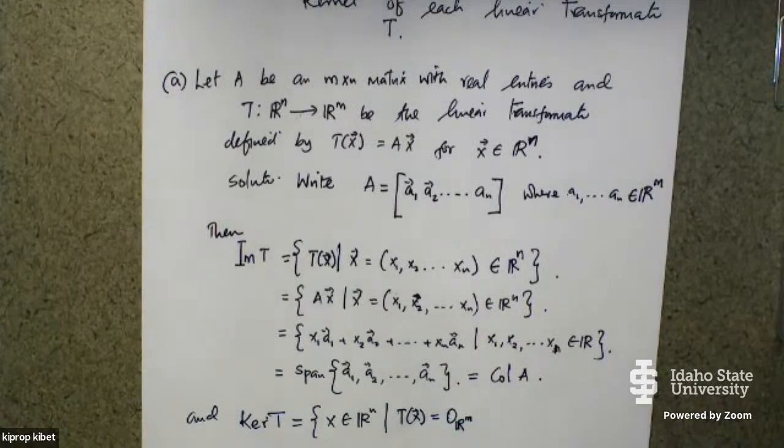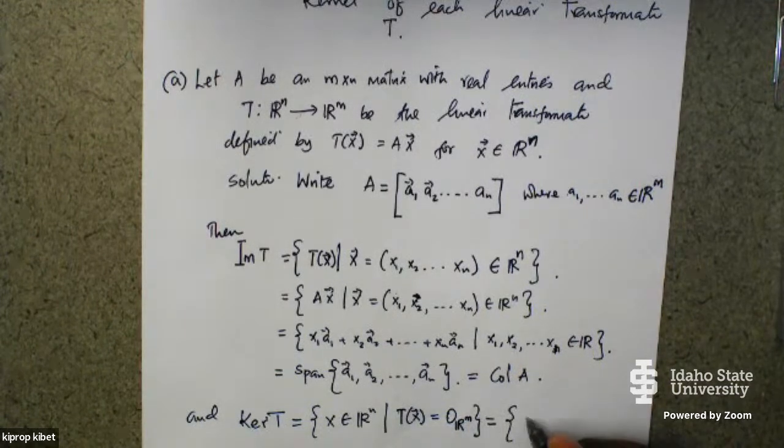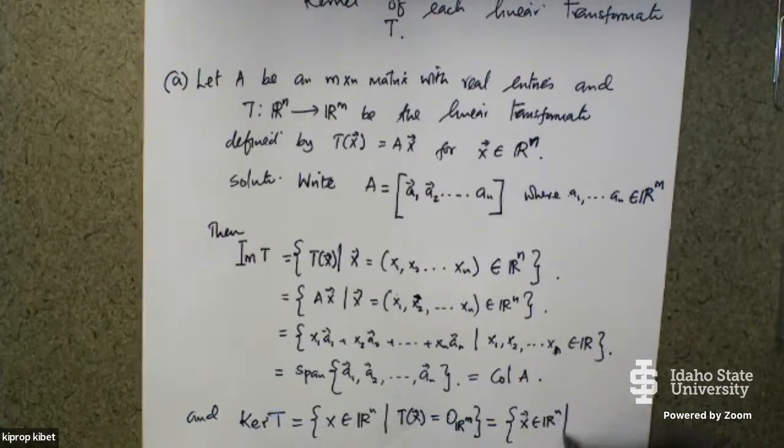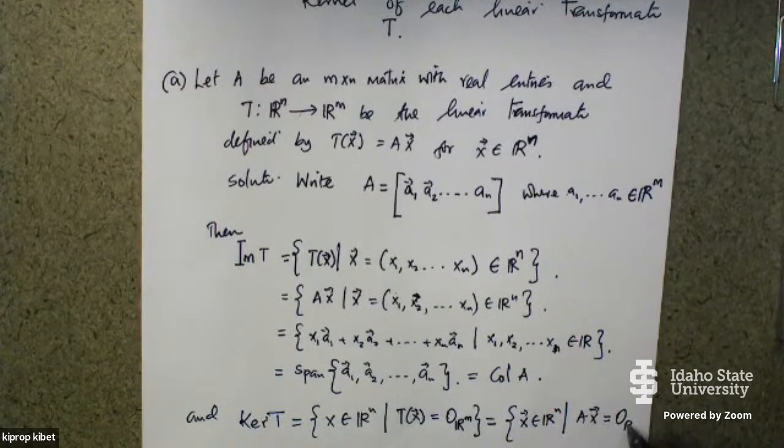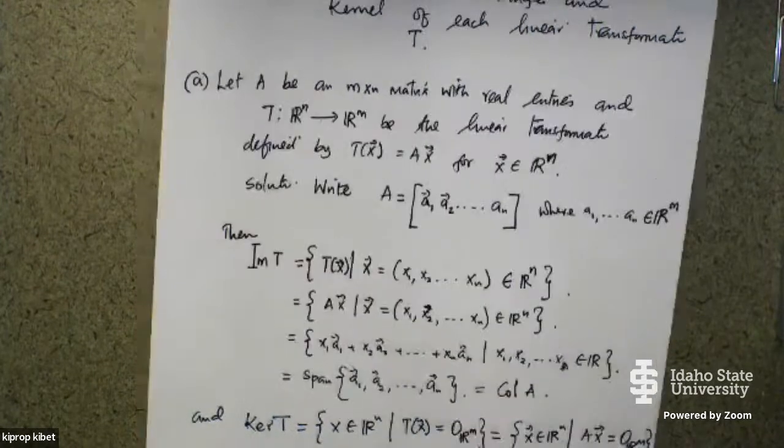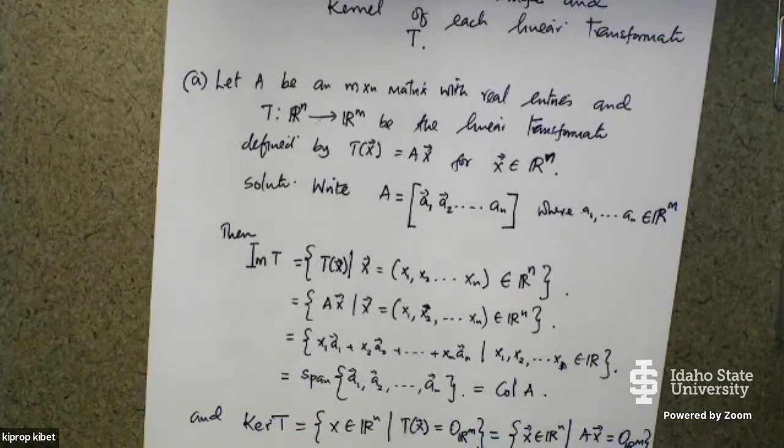This is the same as X in Rn such that Ax equals 0 in Rm. Therefore, this is equal to the null space of A.